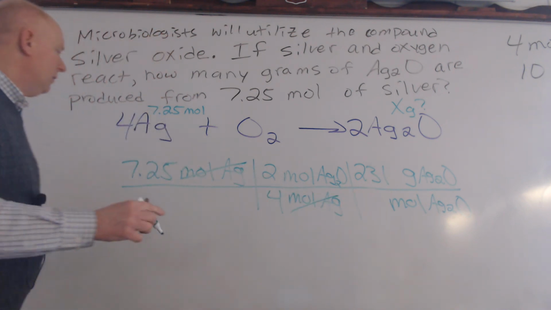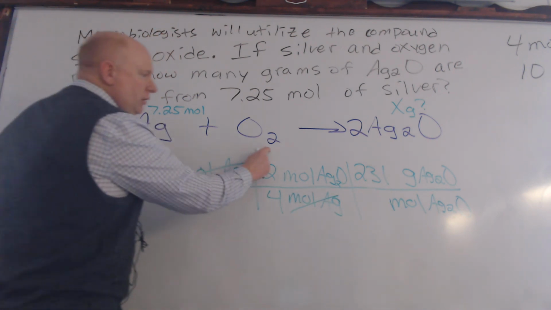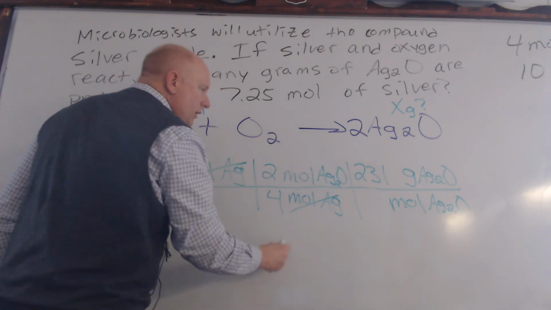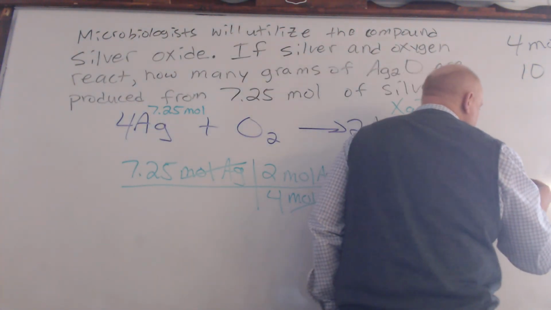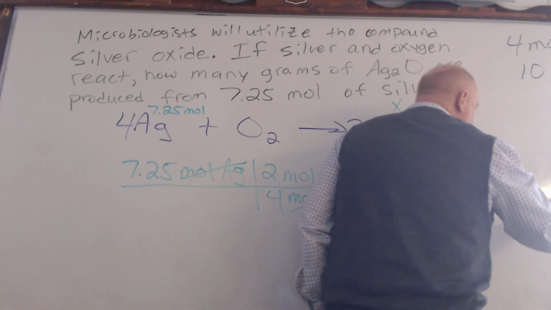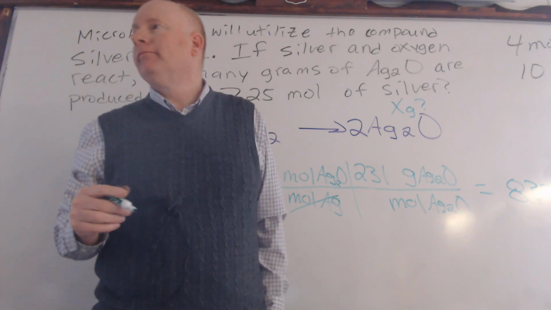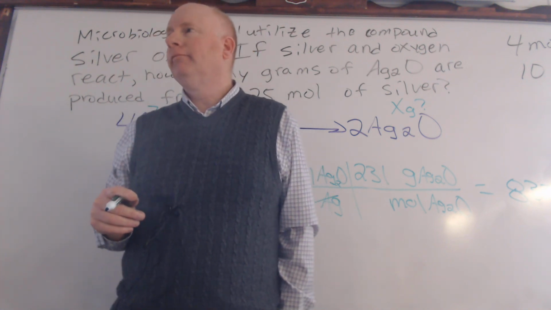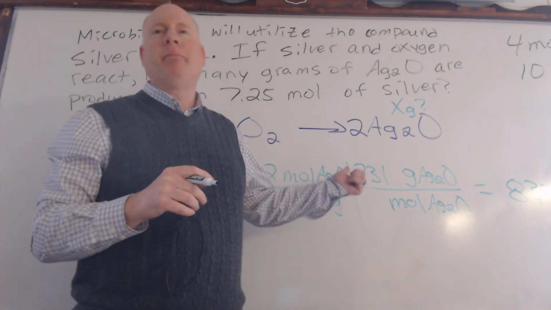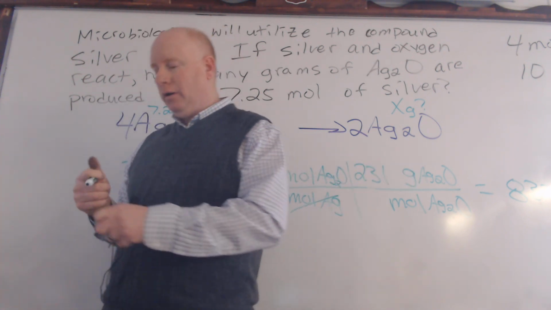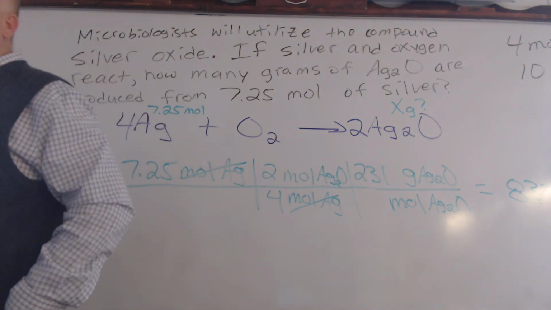Okay? So 7 1/4 times 2 times 231 divided by 4 gives you 837. I got like 840, but I did the... Okay, but you put the point 0.7. Okay, that's fine.